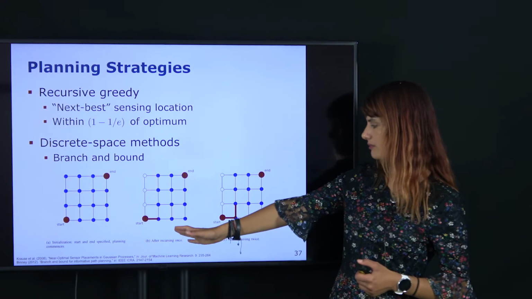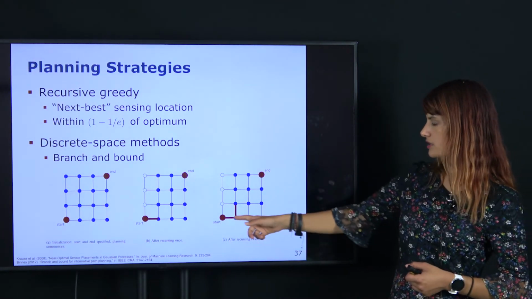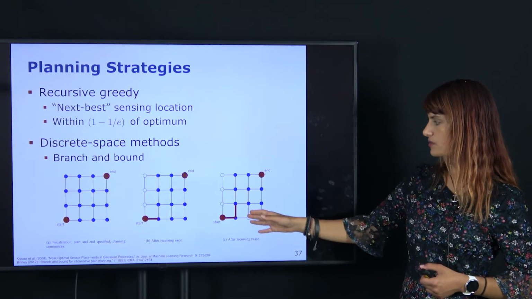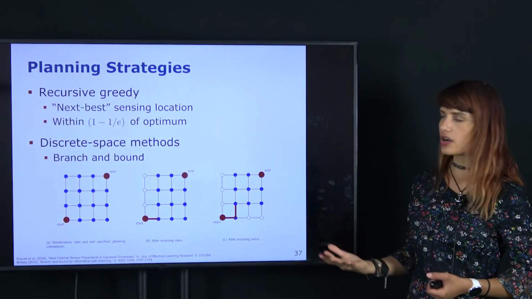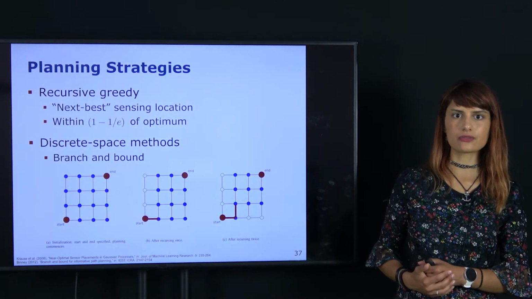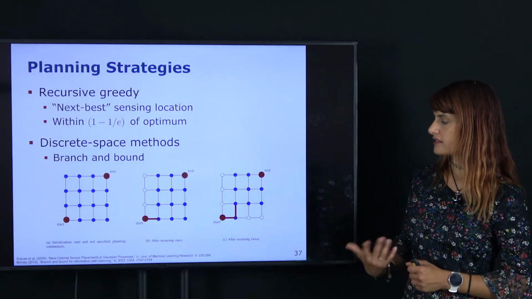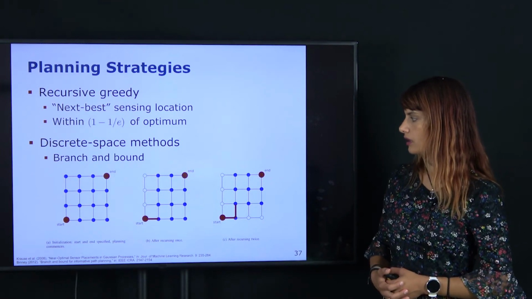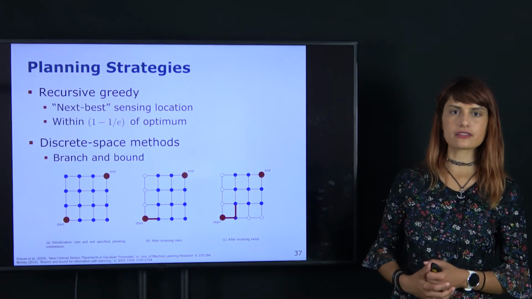And we can do the same thing if we recurse another time. So if we take 2 steps, we do not consider these nodes anymore in our search. And this is how the branch and bound algorithm achieves some efficiency when it plans informative paths on grids. And this algorithm was deployed again in an aquatic scenario to plan paths for an autonomous surface vehicle.